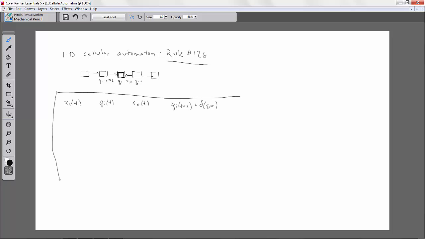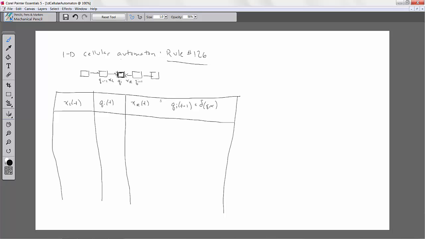So as I just mentioned, rule number 126 defines a rule for how to transition between these different combinations of inputs and state values. In this case, because there are two possibilities for the left input, two for the current state, and two for the right input, there's a total of 8 possible combinations.